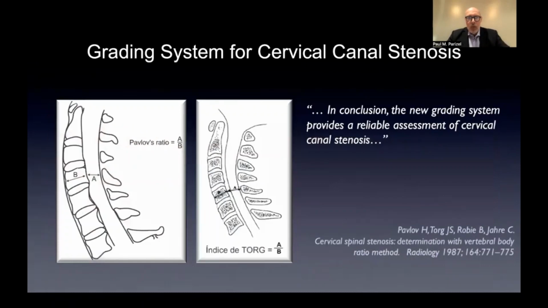As an example, I show you the so-called Pavlov-Torg ratio that we had to learn many years ago to identify the diameter of the cervical spinal canal.